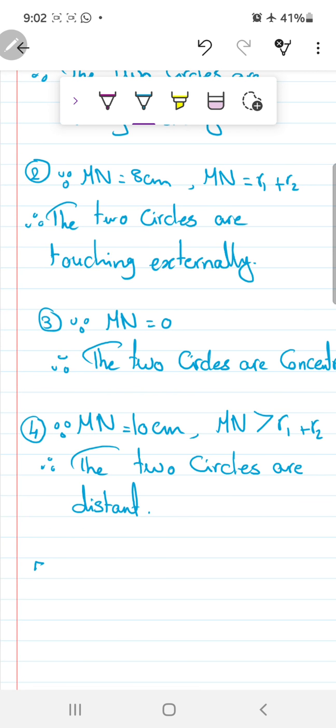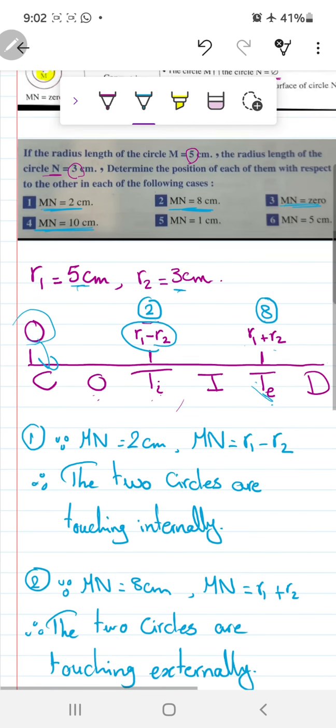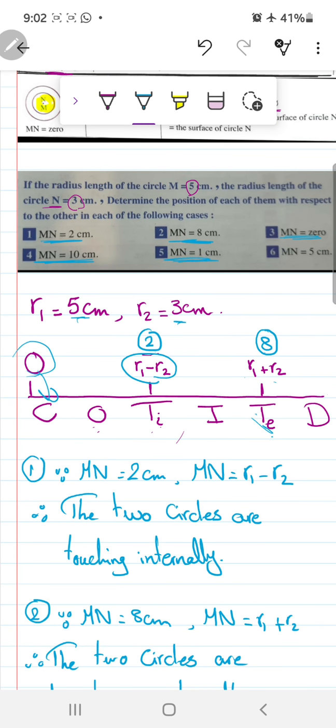Okay, what about number 5? Here, number 5, we have MN equals 1. Here we have 0 and 2, so 1 must be here. Here it is called one inside the other. And 1 is smaller than R1 minus R2.